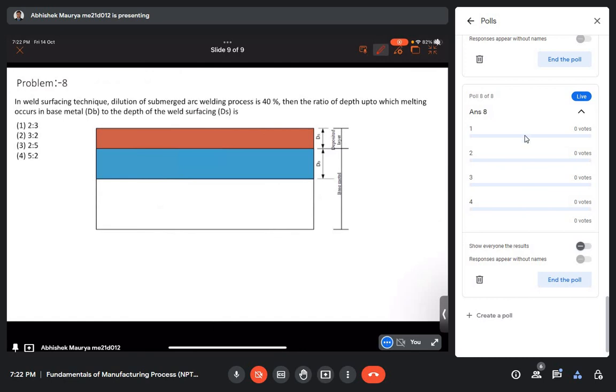Yes, you can give your response in the polling section for answer 8. And still if any of you have doubt in understanding the question, please ask me.